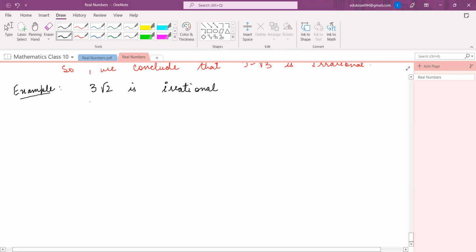This is based upon the multiplication operation: a rational number multiplied by an irrational number will give you an irrational number. So that you have to prove. Okay, let's do the proof, or solution. Same, assume that 3 root 2 is rational.